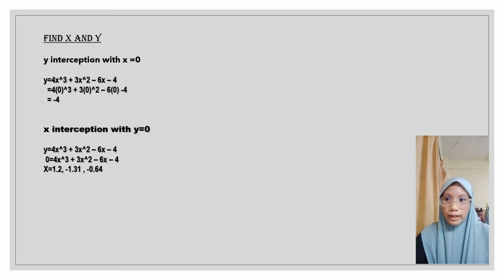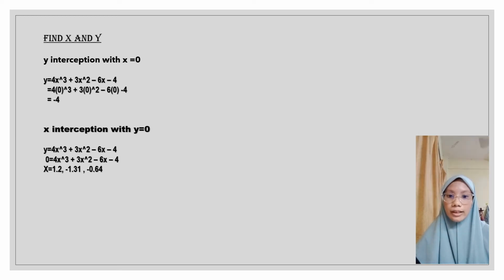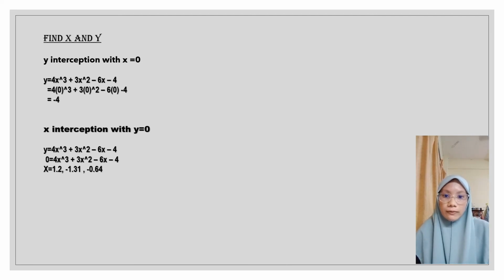So for the x intersection, y equals 0. From the question, the value is 4x^3 plus 3x^2 minus 6x minus 4, then we replace y with 0.